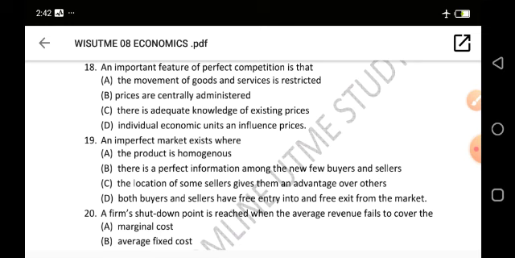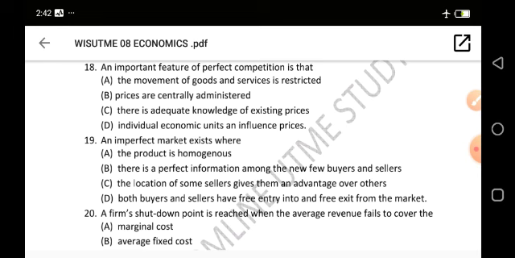Yes. So number 19 answer is C. D, both buyers and sellers have free entry and free exit. That characteristic belongs to a perfect market. So number 19 answer is C.